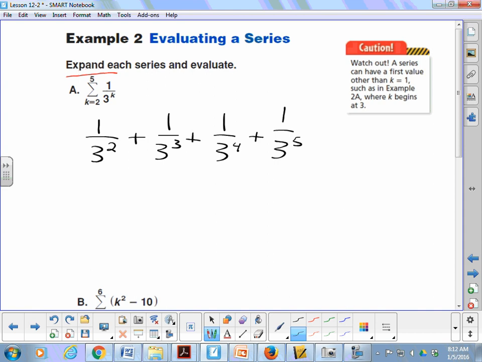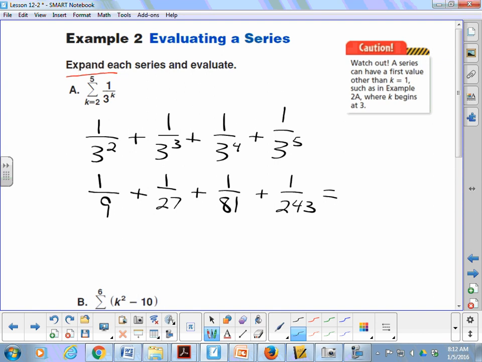Now, as part of the expansion, I have to simplify it before I can actually add them together. So I need to raise 3 to all of these powers: 1 over 9 plus 1 over 27 plus 1 over 81 plus 1 over 243. And then I need to find the sum.